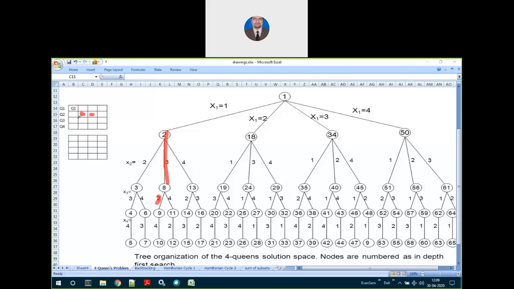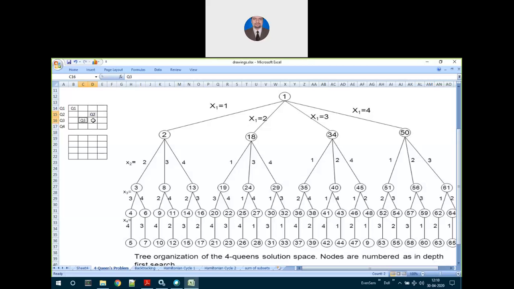Then if I keep q3 over here and q2 over here, then again q2 and q3 will be in the attacking position. Then I cannot keep both of these queens like this.